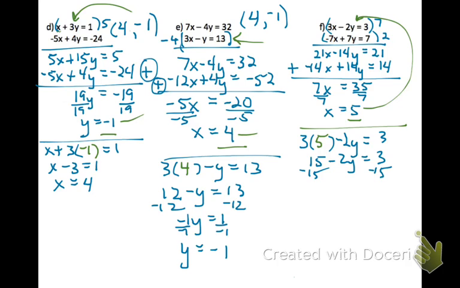Subtract your 15 from both sides. So negative 2y equals negative 12. Divide both sides by negative 2. So y equals 6. And then I'm going to write my solution just right up here by this system. So these two lines will cross at the point 5, 6.